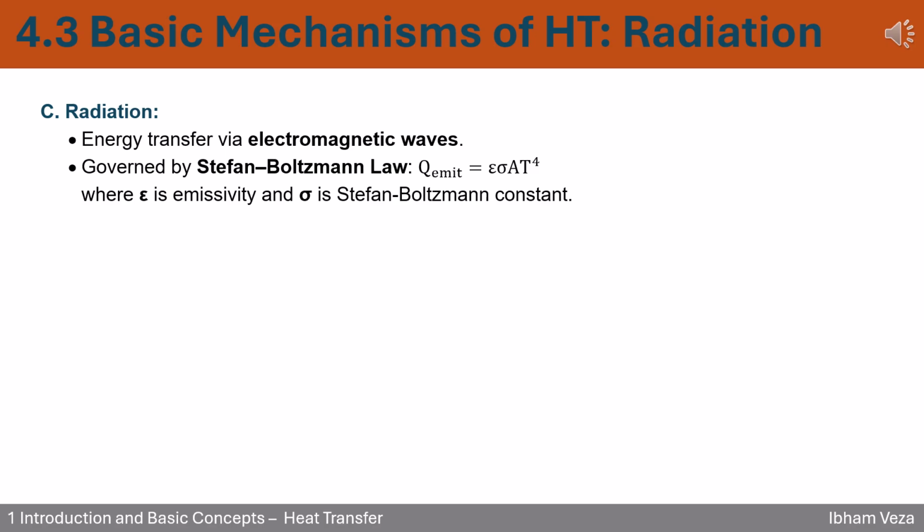The equation is Q equals epsilon sigma A T^4, where epsilon tells us how efficiently a surface radiates heat, and sigma is a universal constant. Radiation is often overlooked, but at high temperatures, it can dominate heat transfer. Focus on the key idea. Temperature to the fourth power means small changes in temperature can cause big changes in radiation heat flow.